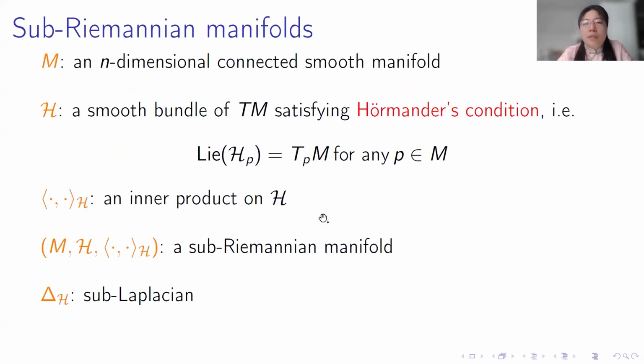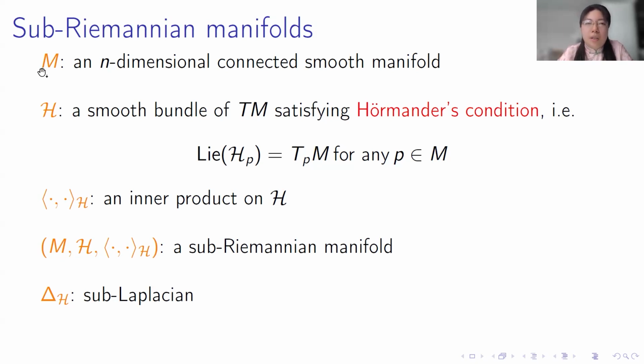The setting we consider, as Masha explained, are sub-Riemannian manifolds, for which most of the above three assumptions would fail. So for completeness, let me still briefly go through the definition and some concrete examples.